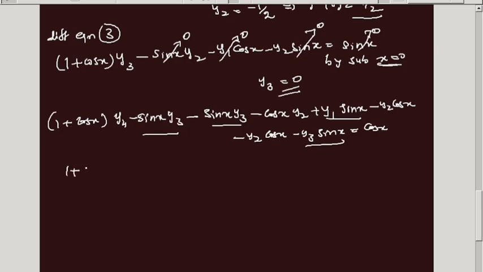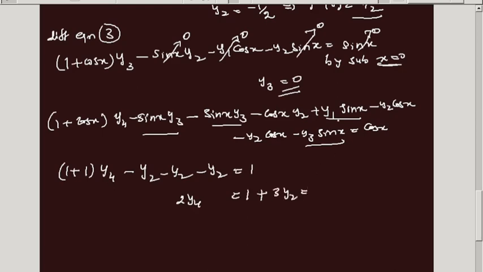1 plus cos 0 is 2, into y4. Then we have this term, minus cos 0, which is 1, into y2. Then minus y2. Here also minus y2, equal to cos 0, which is 1. So here 2 times y4 equal to 1 plus 3 times y2. So here we must see the y2 value.